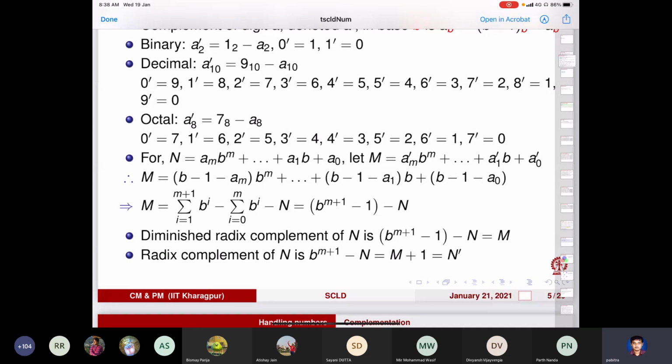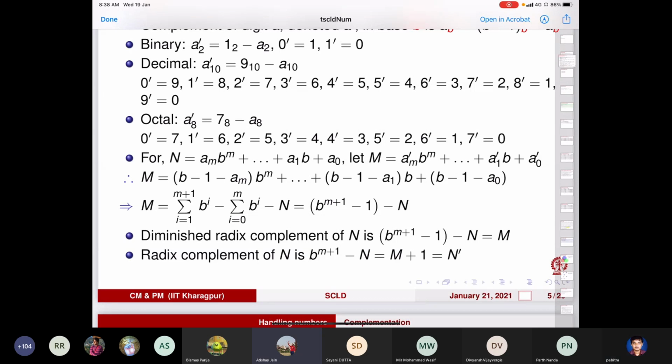What is its diminished radix complement? 765. And 765 plus 234 is how much? 999, naturally. So this 765 is the diminished radix complement of 234, and 766 is the radix complement of 234.